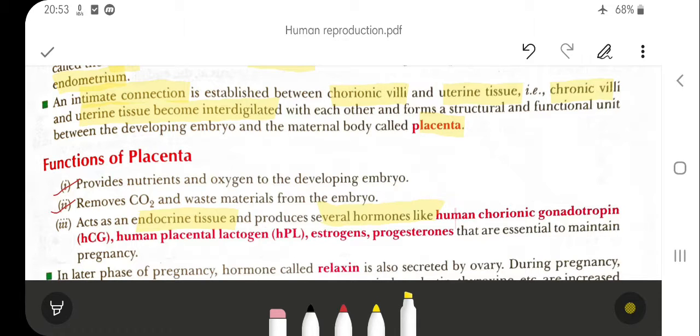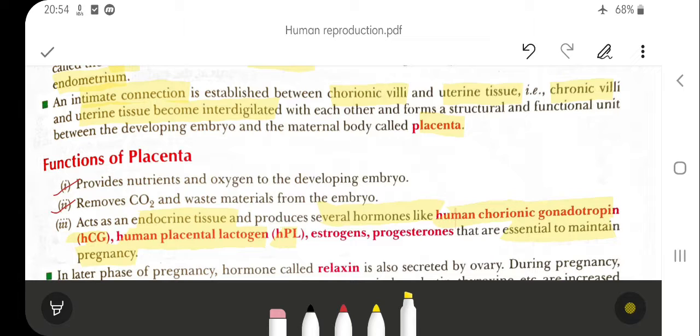That is human chorionic gonadotrophin, that is HCG, and human placental lactogen, that is HPL. So these are the two hormones secreted by the placenta during pregnancy, so that they can maintain the various essential physiology during pregnancy.